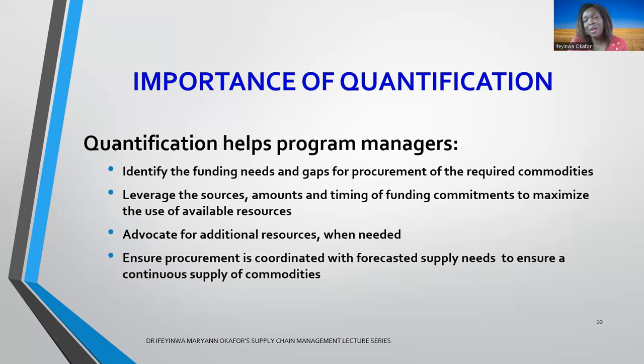When this is done, serving our customers efficiently is the goal of logistics cycle. So at every point in time, we are doing everything possible to make sure that our customers get the best. So quantification helps program managers to ensure procurement is coordinated with forecasted supply needs to ensure a continuous supply of commodities.